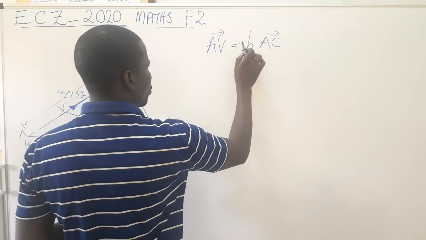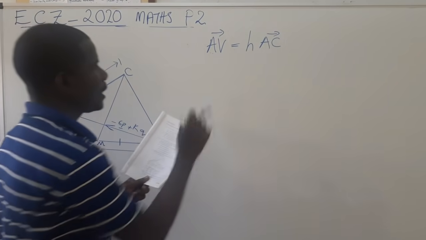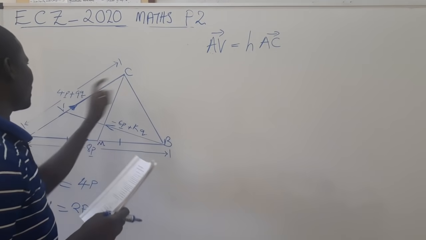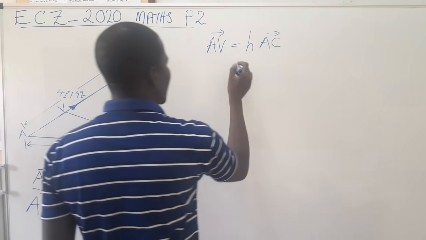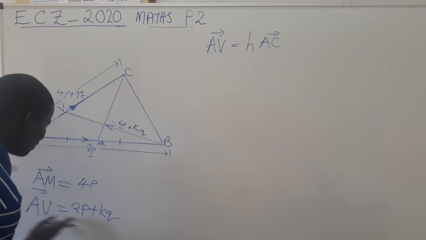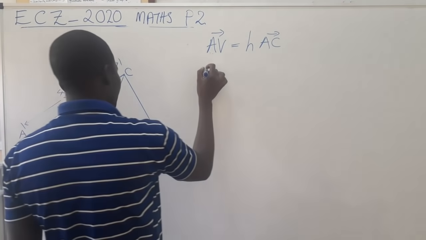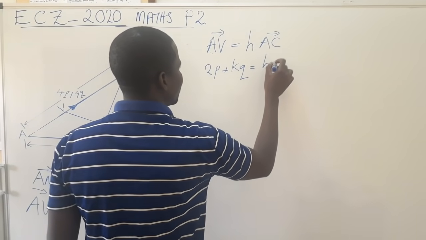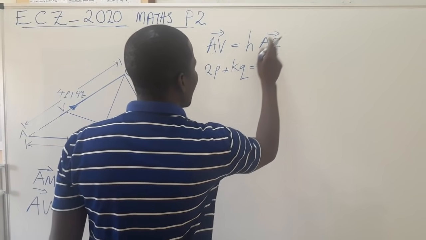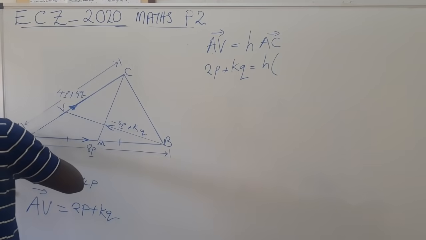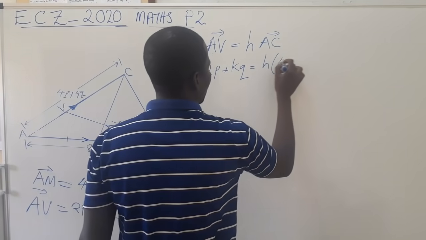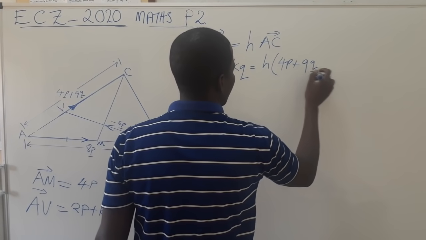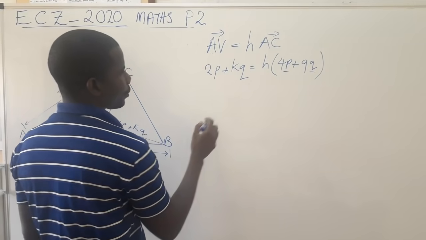So meaning we need to find our AC here. Our AC is already given. Our AV has been given as 2P plus KQ is equal to H times AC. Even in the question, AC is given as 4P plus 9Q. Now we need to simplify this.